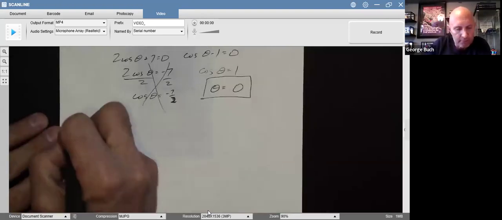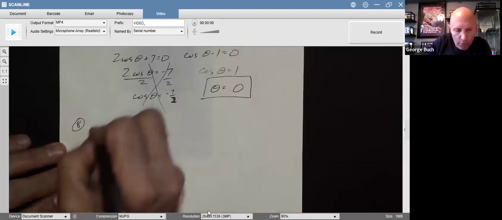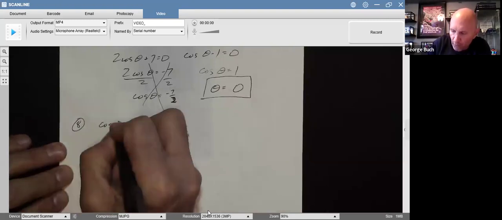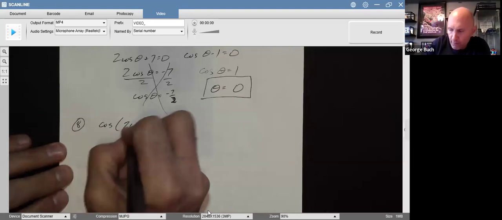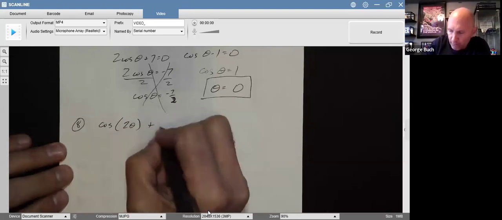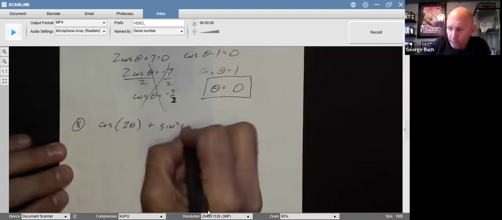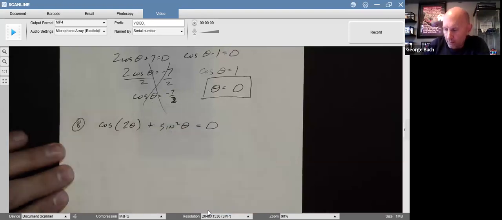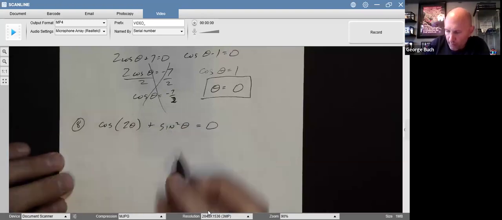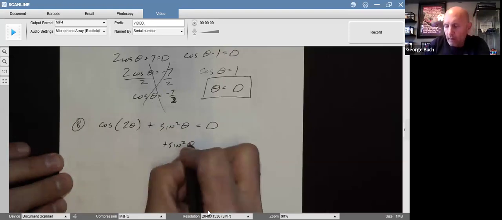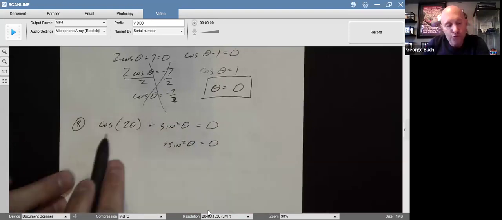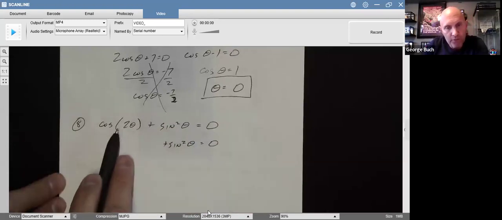And then 8, we had cosine of 2 theta plus sine squared of theta is equal to 0. So again, I have plus sine squared theta here. I have a double angle. I can choose any of the 3 that I want.